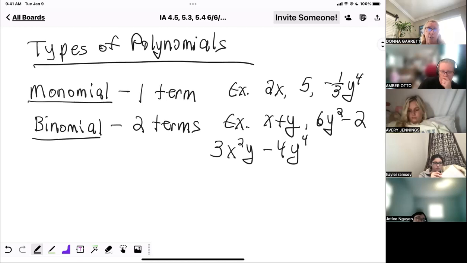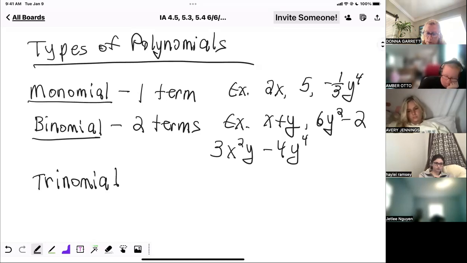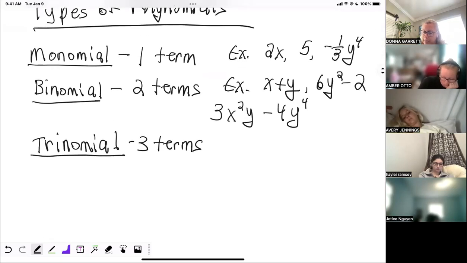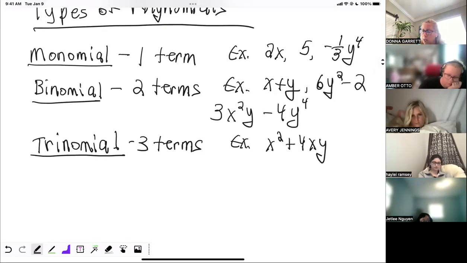And the last very specific polynomial is a trinomial, with tri meaning three terms. So, let's say an example, something like x squared plus 4xy minus y squared. So you'll see two signs.